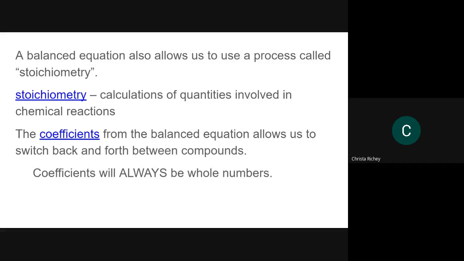What lets us switch from one substance to another is a coefficient. Now, right now, all we've done is the same substance. We've gone from moles to grams. We've gone from moles to molecules. We've gone from molecules to particles, like atoms.